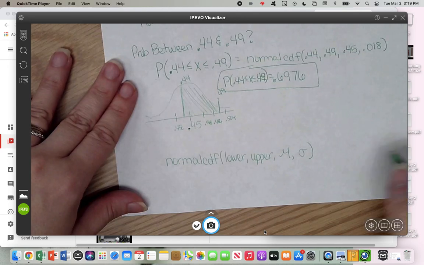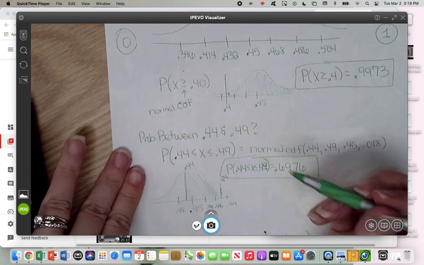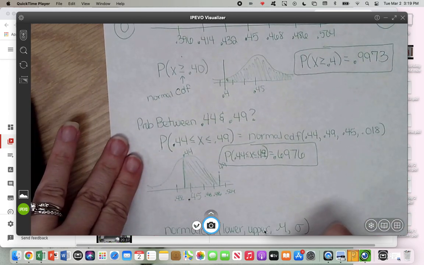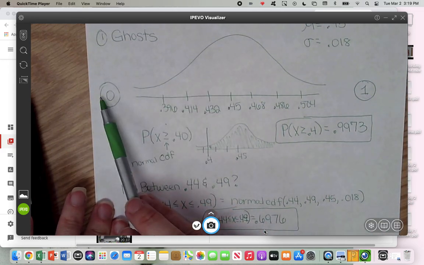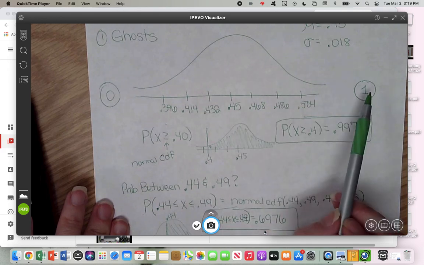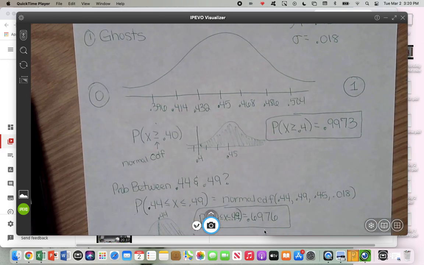And then just remember, if it's not given, the lowest lower bound can be 0 and the upper bound would be 1, because on this curve, the farthest lowest a probability can be is 0, the best a probability can be is 1. So those are your upper and lower bounds if they're not given.